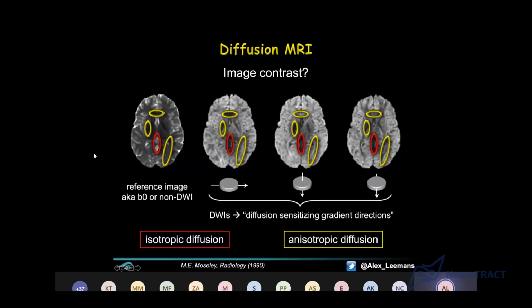That's what you're acquiring. If you have many diffusion weighted images with many different orientations, think of it like a flashlight trying to look at the shade of your hand on the wall.